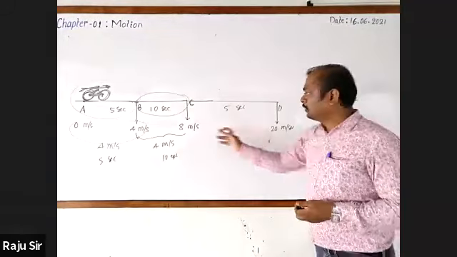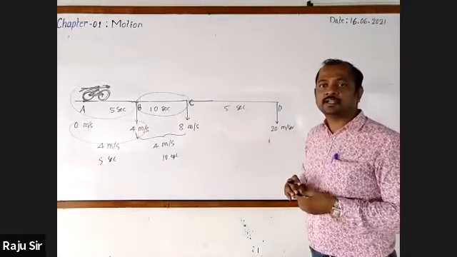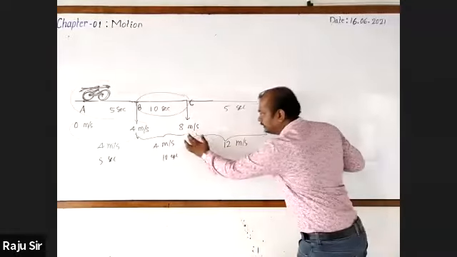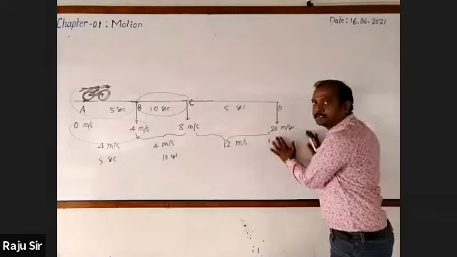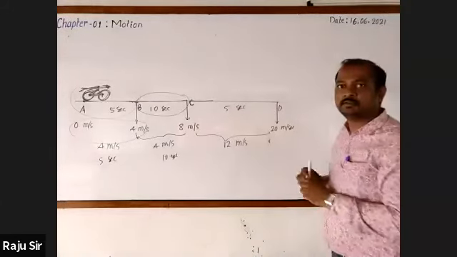Could you tell what is the change in velocity that has taken place? 12 meter per second. I repeat, 12 meter per second. It changed its velocity from 8 meter per second to 20 meter per second. How much time has it taken? 5 seconds.